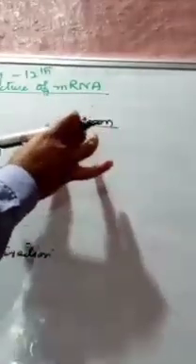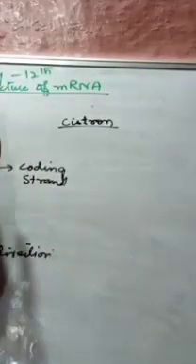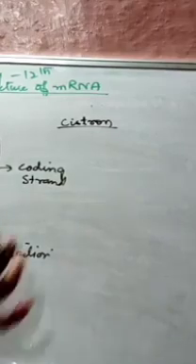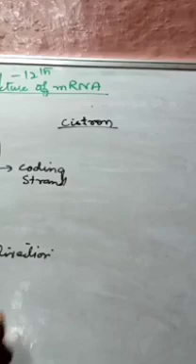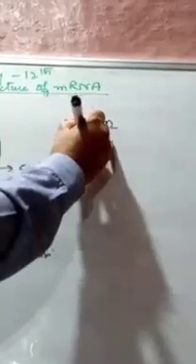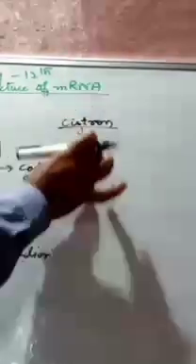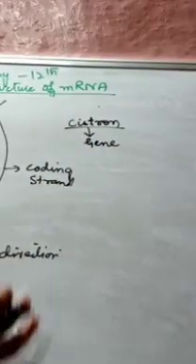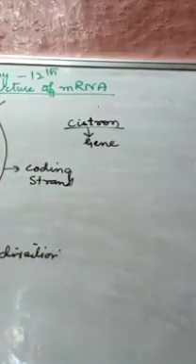The cistron is somewhat like a gene. It is the structural and functional unit of this DNA.